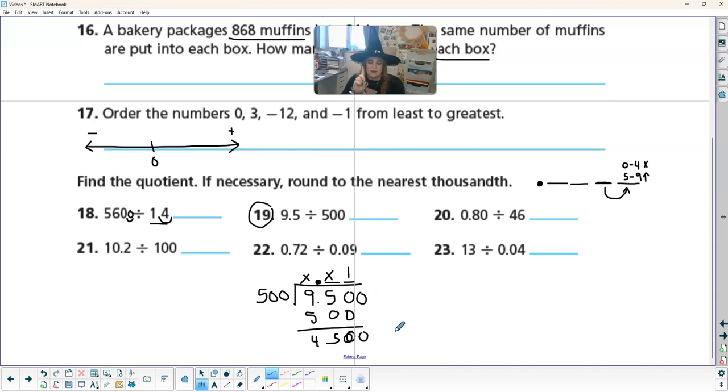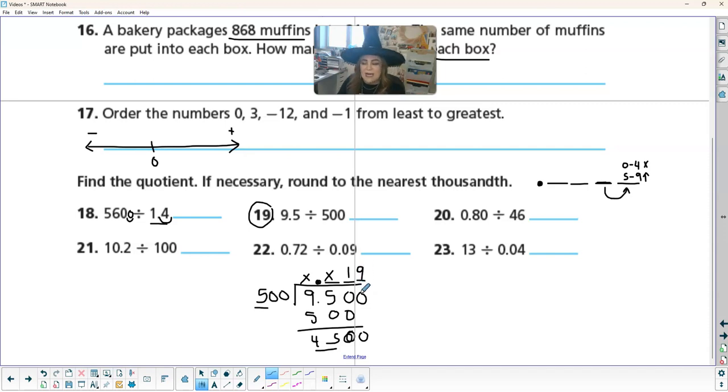So 500, there's 1,000, 1,500, 2,000, 2,500, 3,000, 3,500, 4,000, 4,500. Oh, how perfect. I have the exact number of fingers for this answer. Look, 5 goes into 45 9 times.